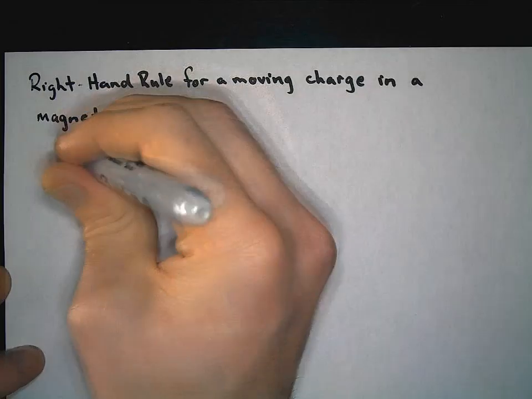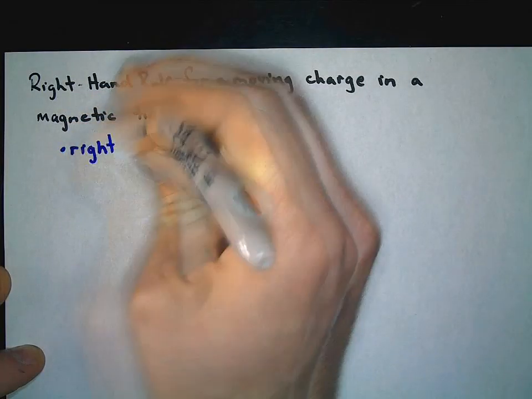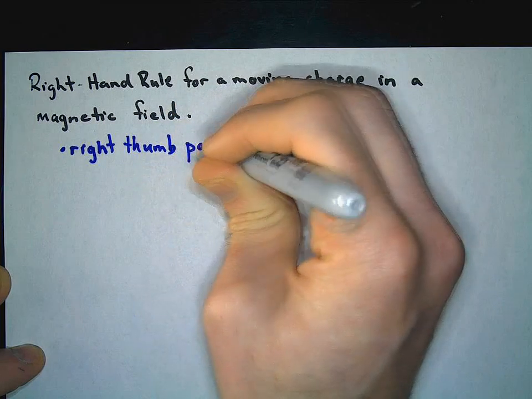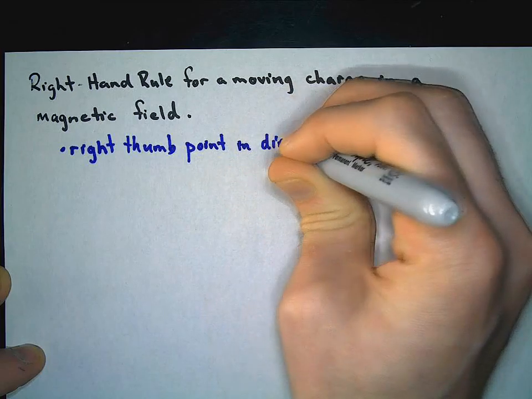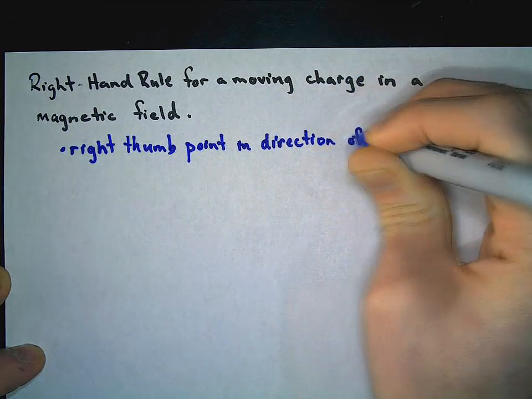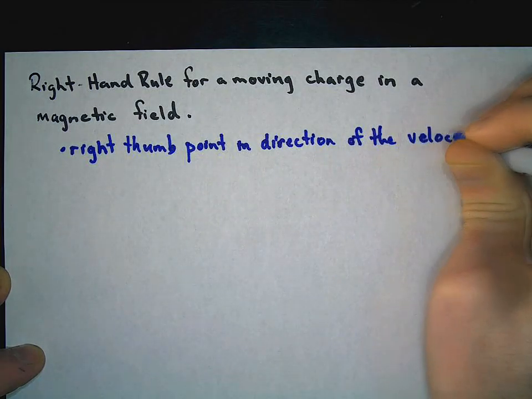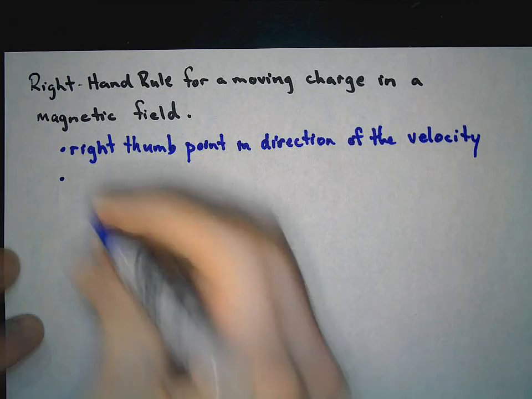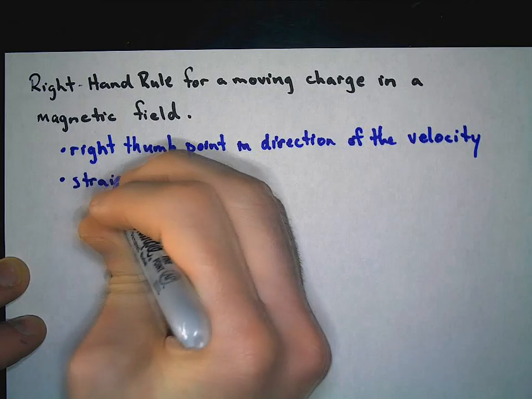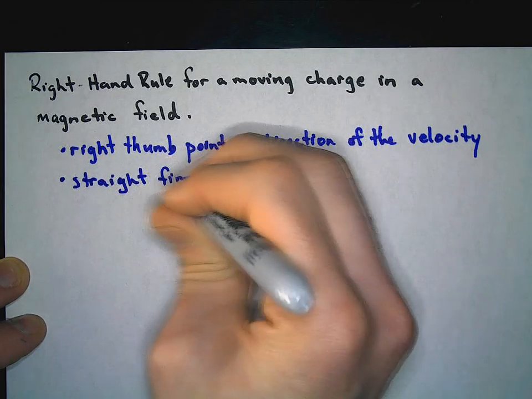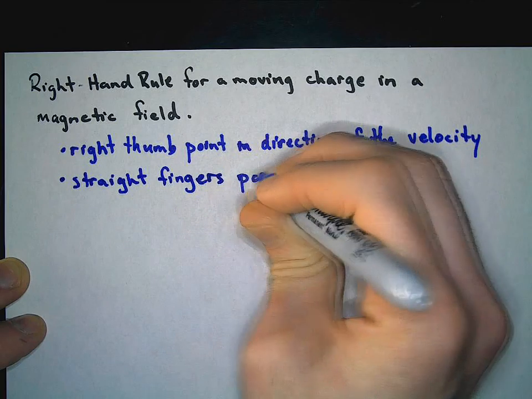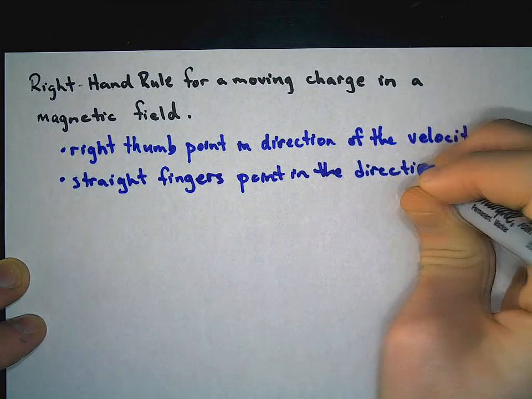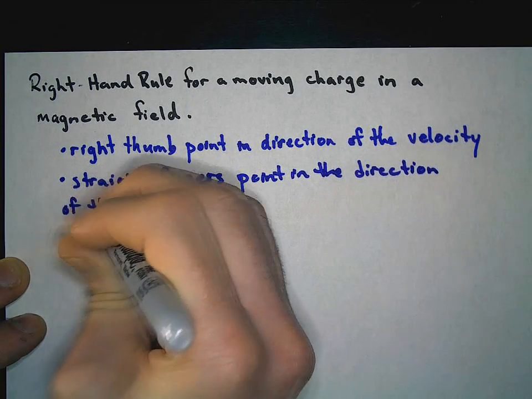Your right thumb points in the direction of the velocity. Straight fingers, and this is in your right hand still, point in the direction of the magnetic field.